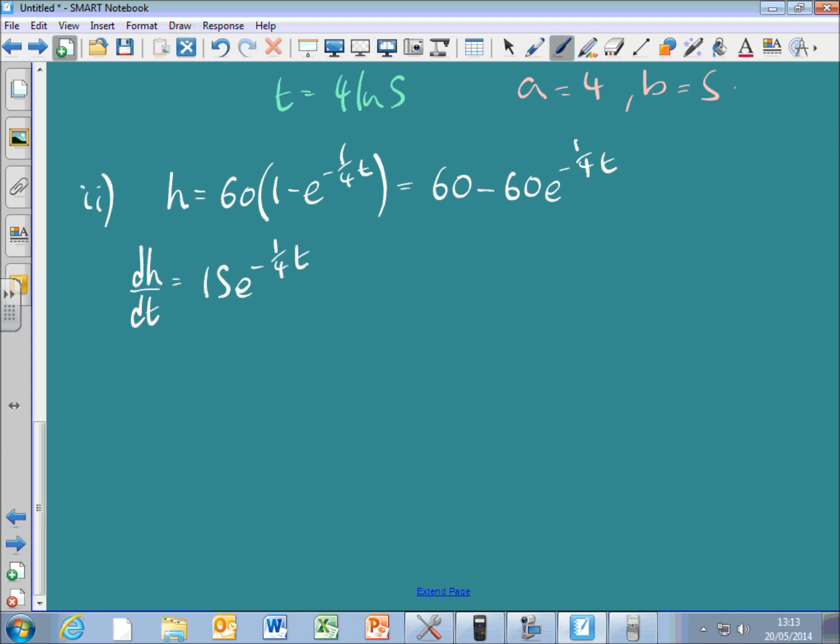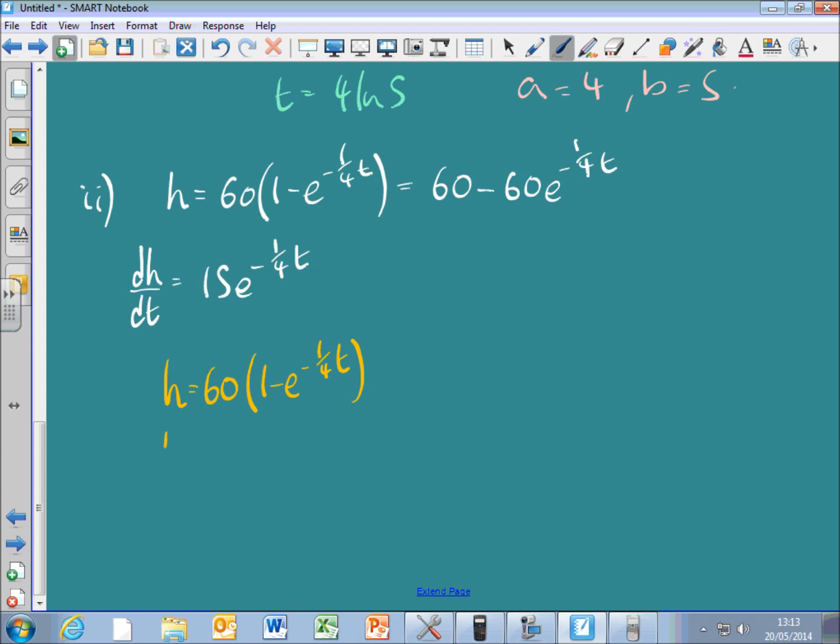Okay, this isn't quite how they want it, so I'm going to go back up to the expression for h, and I'm going to divide it by 4 because I'm looking at this h divided by 4.